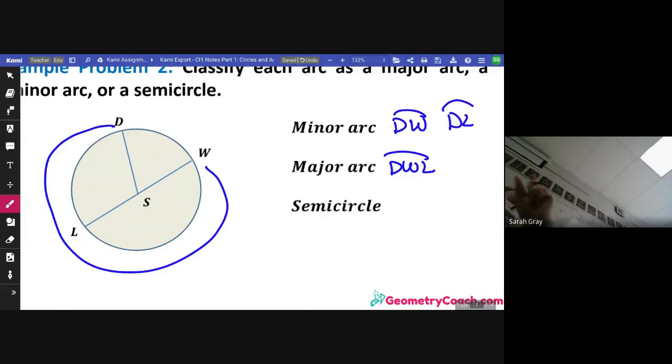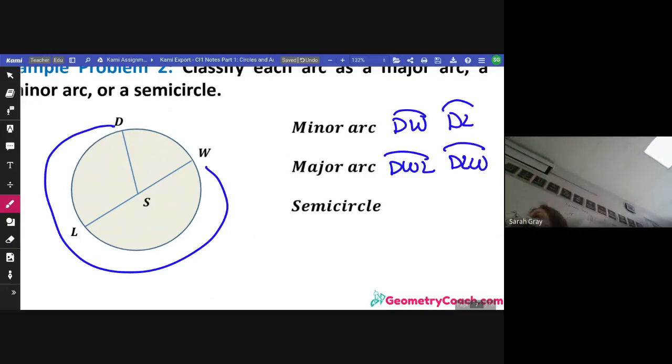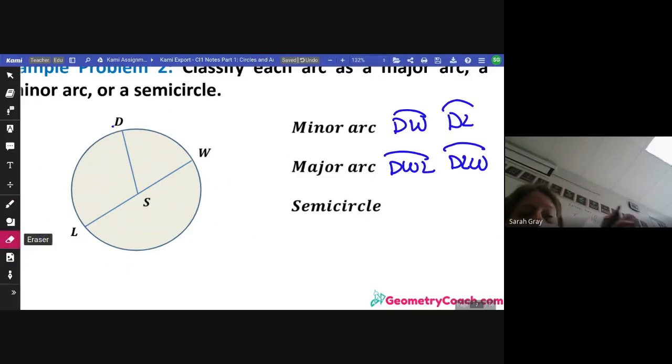But if I go the way around it that I said, it would be a major. I purposely left out the 3rd letter on purpose. But when we write it, we'll include it. If I want to go the long way around from D to W, it's actually arc DLW. All right, those are all the arcs that started with W. Let's see. LD we did. How about arc LW? Semicircle.